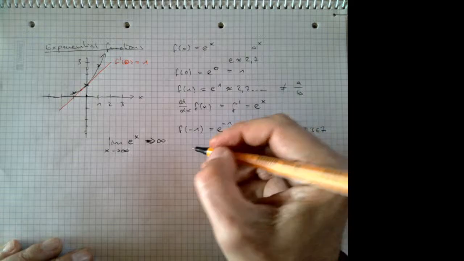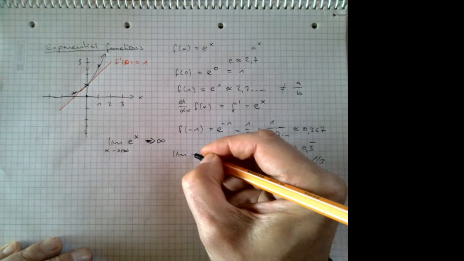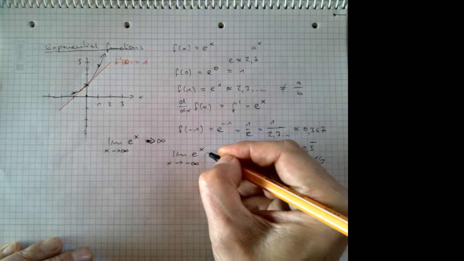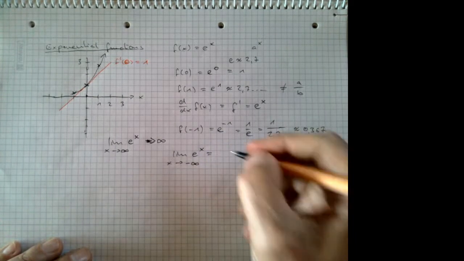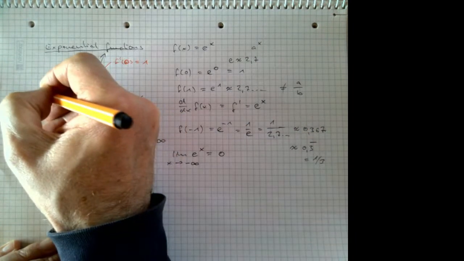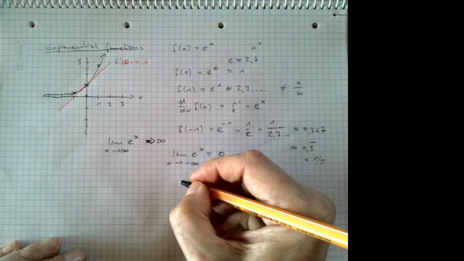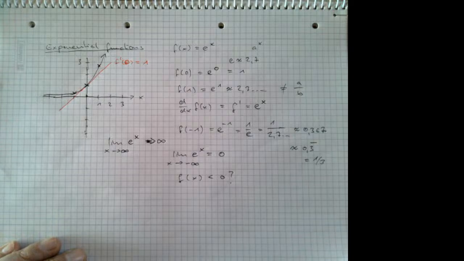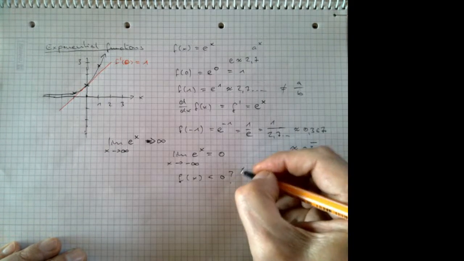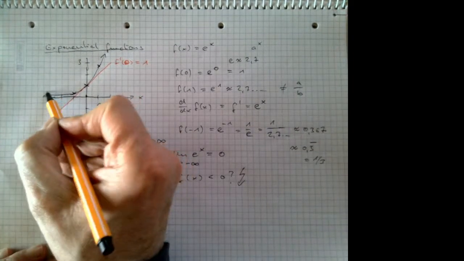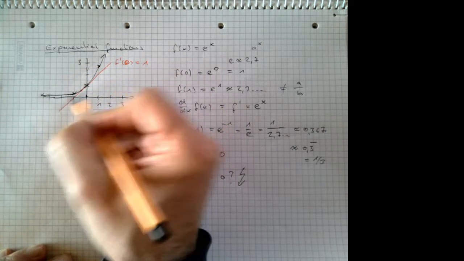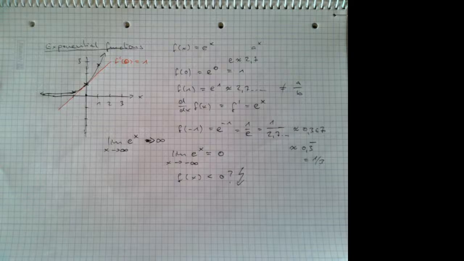And what is the limit of e to the power of x as x approaches negative infinity? 0, right? Can f of x be less than 0? No. This is positive. It approaches 0 here, infinity here, and here we have a slope of 1. This is an exponential. How does the natural logarithm look like?